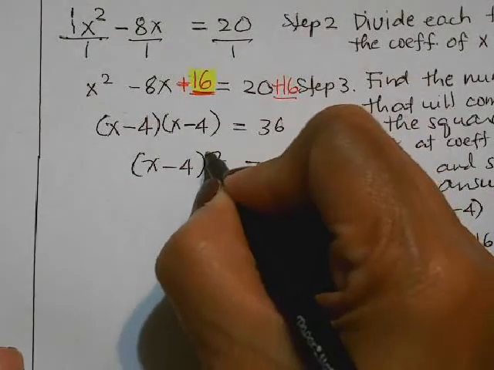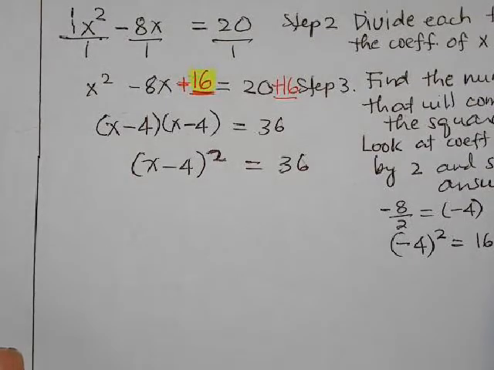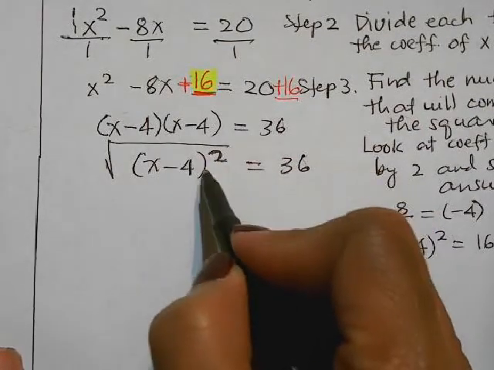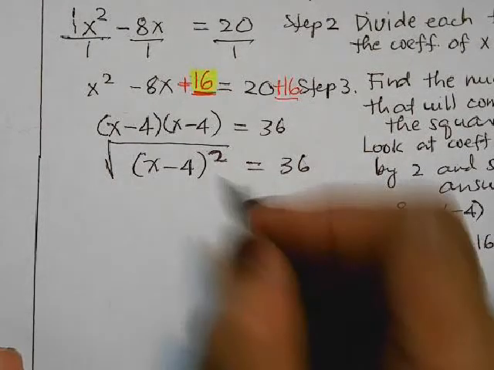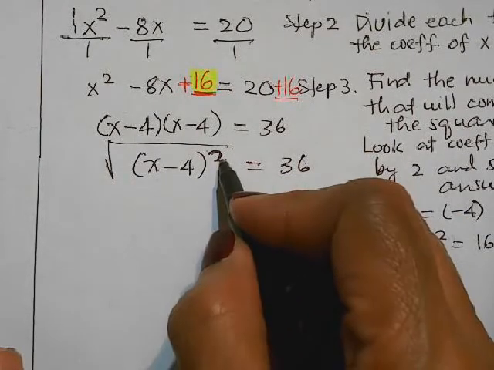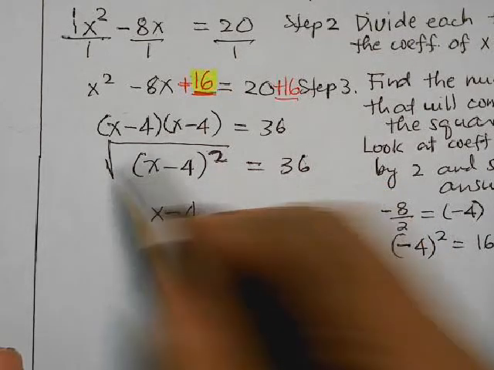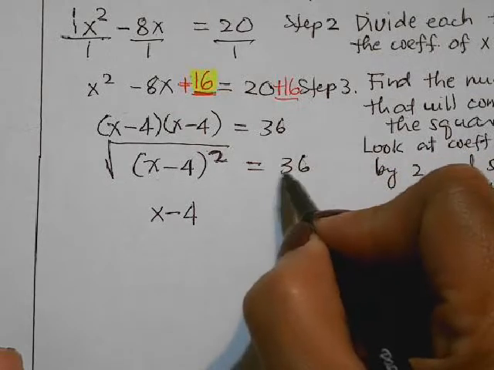Next step, you have to get rid of this. You have to get the square root of both sides. The square root of x minus 4 squared is just x minus 4. No more squared, no more square root. And on the other side, you should also get the square root.